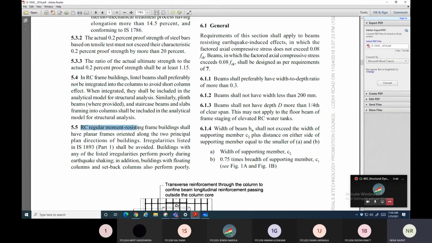Then RC regular moment resisting frame building shall have planar frames oriented along the two principal plan directions of the building. Irregularities listed in IS 1893 shall be avoided.